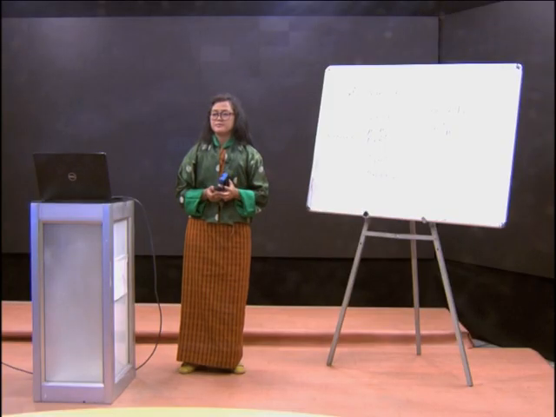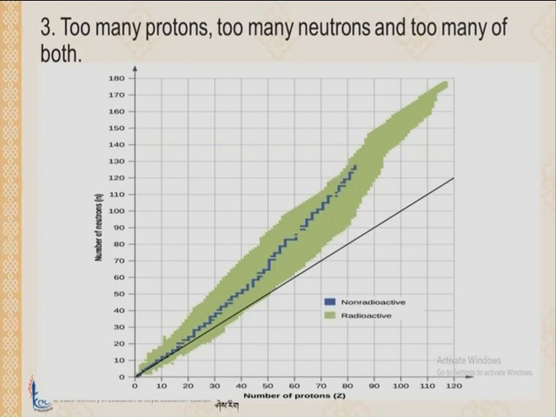Third, too many protons, too many neutrons and too many of both. This factor will cause the phenomenon called radioactivity. Now, you can see the graph here. This graph is between the number of neutrons and the number of protons.